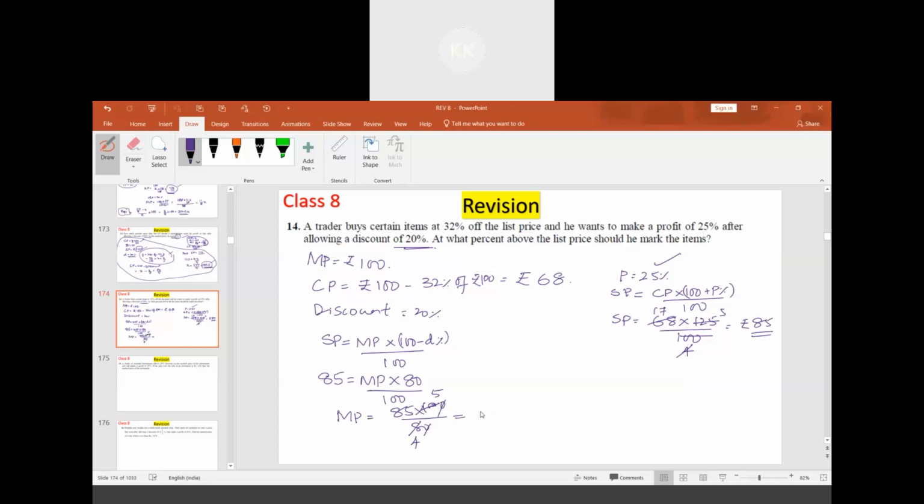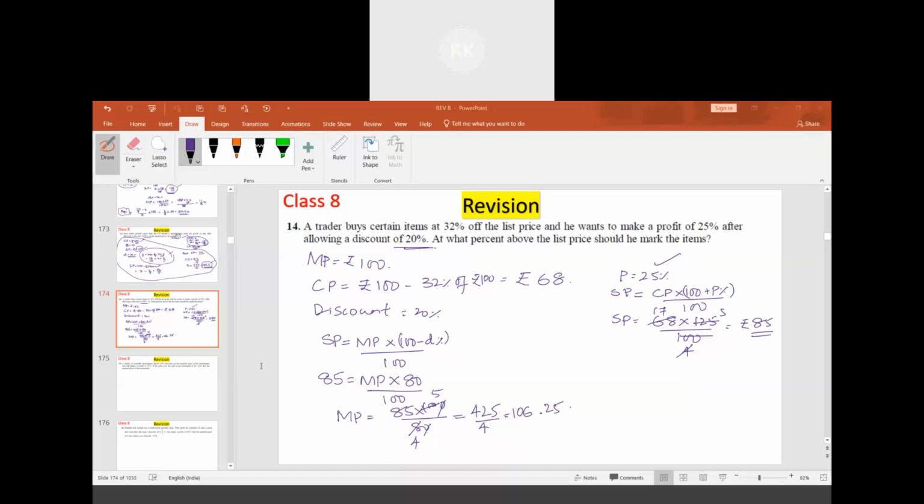So 5 into 85 divided by 4, that is 425 divided by 4, which is 106.25. We have assumed that rupees 100 is the list price.